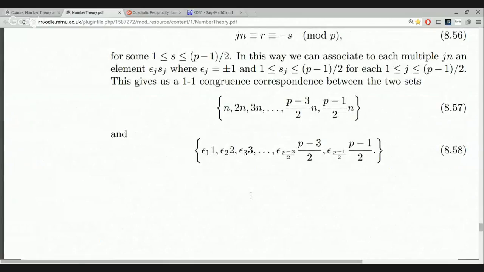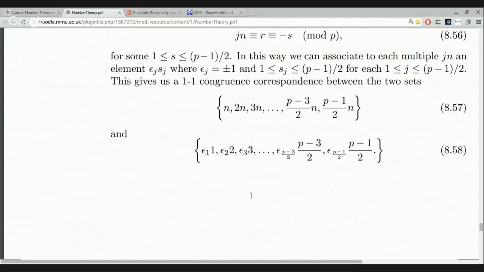We went up as far as the halfway point, (p-1)/2. If we went any higher, if I started thinking about 7 times 5, which is 35, which is the next one, well, 7 is congruent to minus 6, so this is going to be congruent to minus 6 times 5.